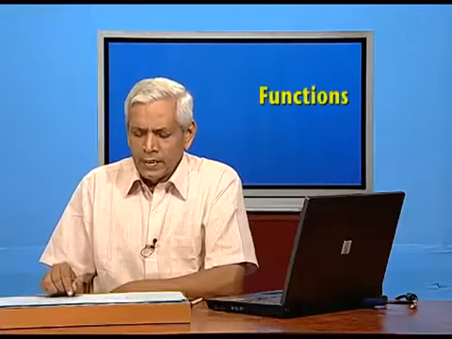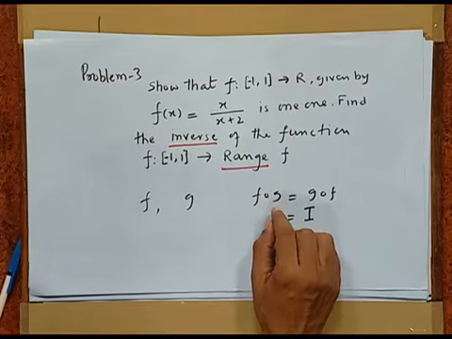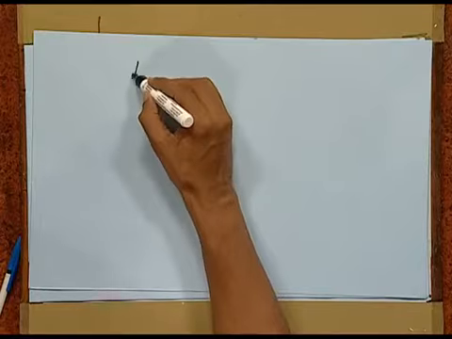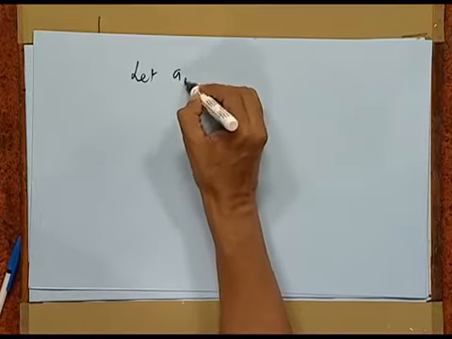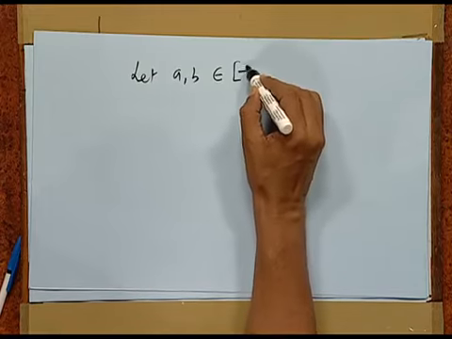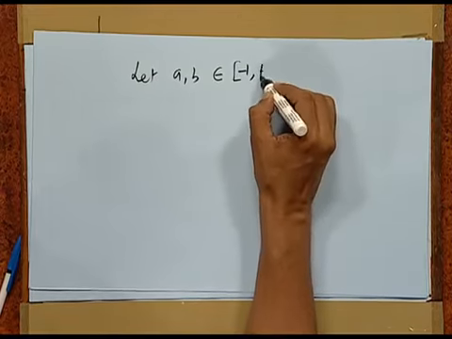So here we have to find the inverse as well as to show that f was 1-1. Now we start solving this problem. First of all, we have to show that f is 1-1. For this, let us take two elements a and b belonging to closed interval -1, 1.